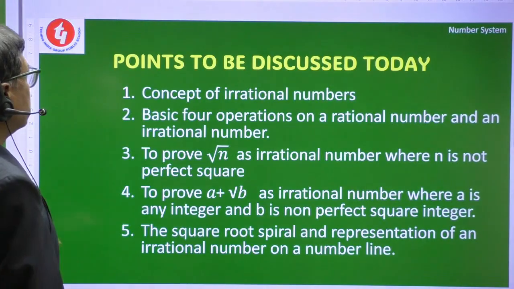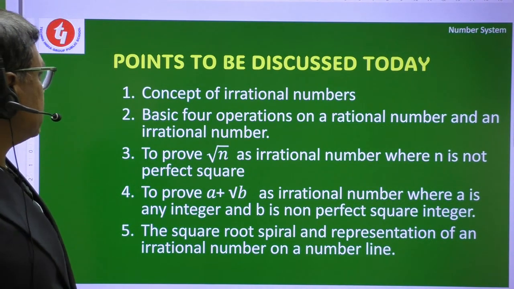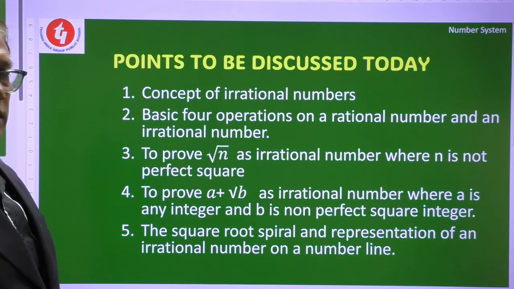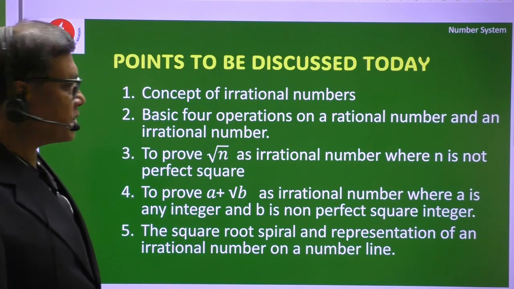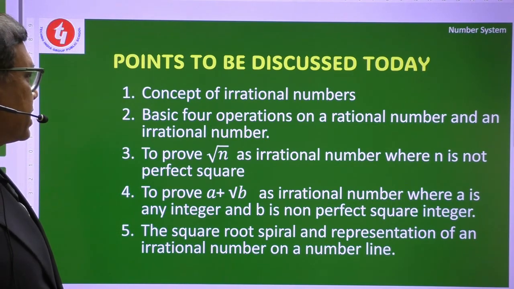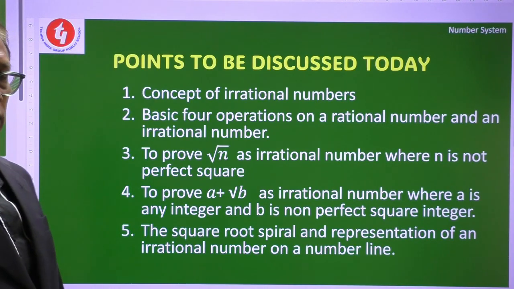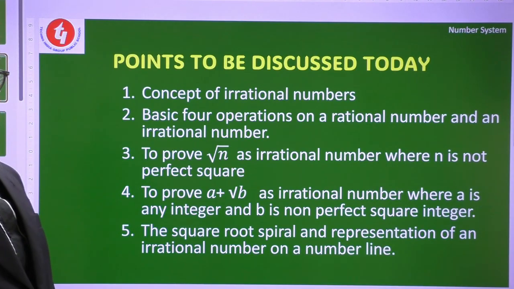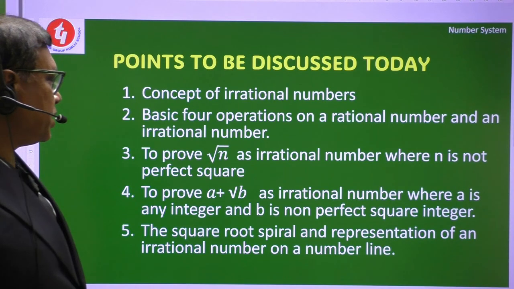And today our points of discussion are: concept of irrational numbers, first point. Second point, basic 4 operations on a rational number and irrational number. Third point, to prove root n is an irrational number, where n is any non-perfect square integer.